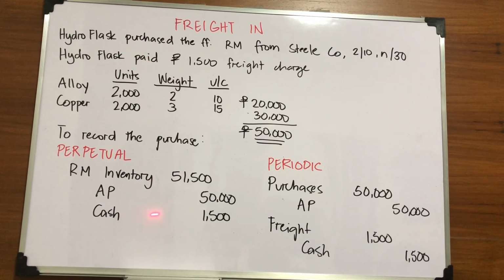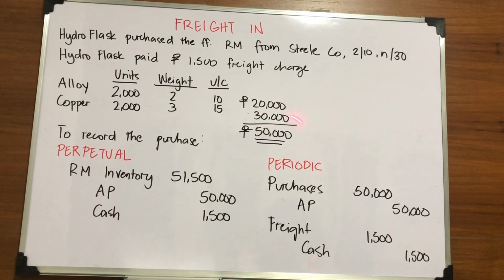So you recognize here cash as 1,500. So to summarize, under perpetual, debit raw materials inventory for the invoice cost plus your freight, 51,500, and then you credit accounts payable 50,000 pesos, and credit cash 1,500 for your freight.